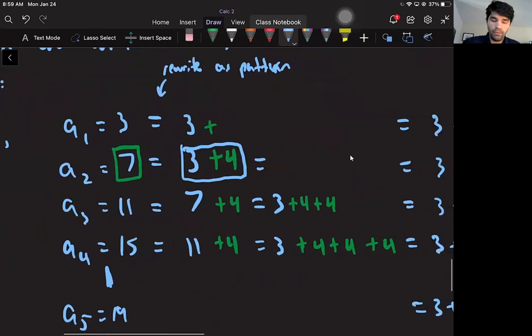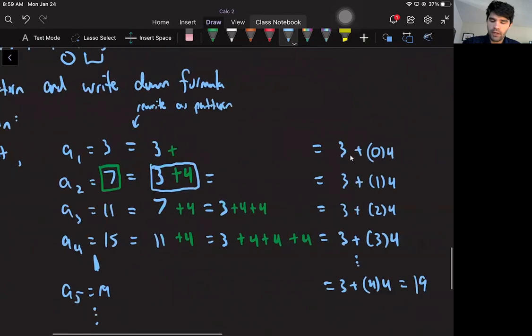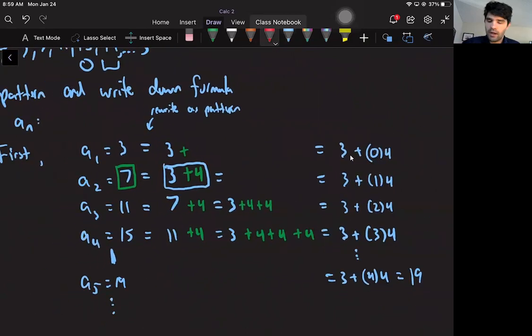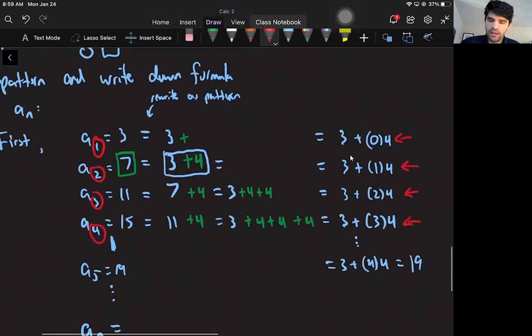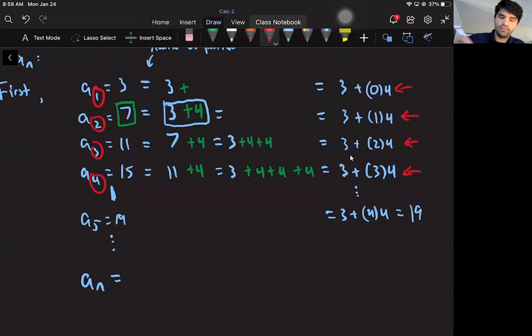Okay, well now what we've done, if you zoom out a bit, is we've established a connection between the indices and the expression, but maybe it's hard to see. So there's a 2 there and something over there. There's a 3 there and something there, 4 there and something there. So if I want to get to A10, for example, even before you do AN, sometimes it's helpful to do this.